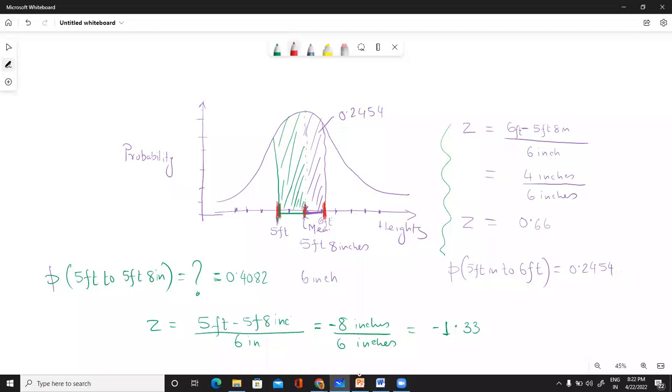Then the two different probabilities we will get, we will have to add. We got this probability for this area, and this probability for that area.